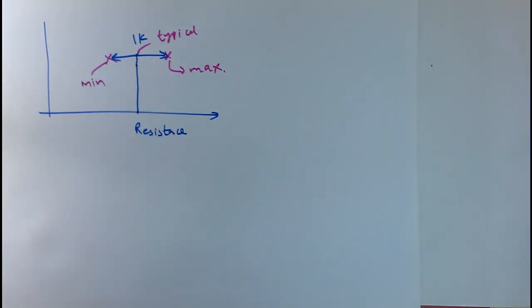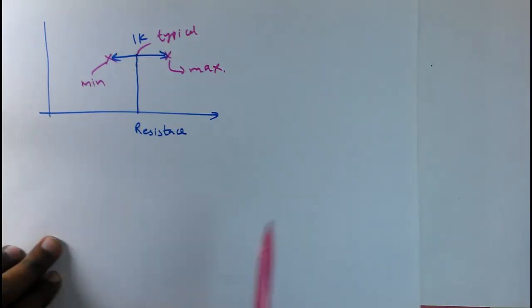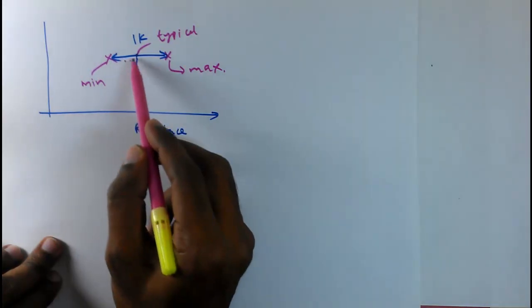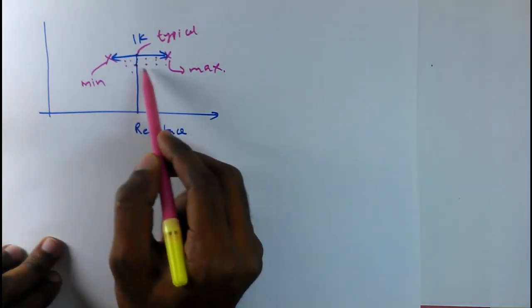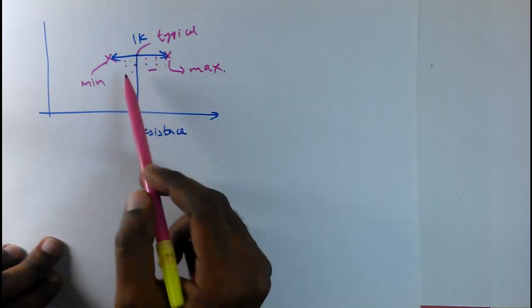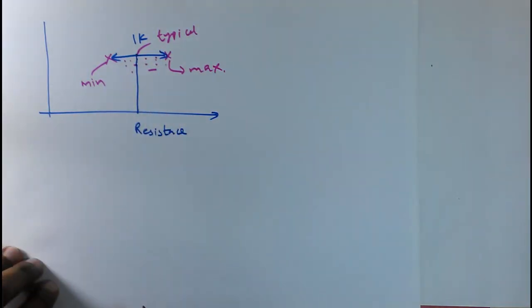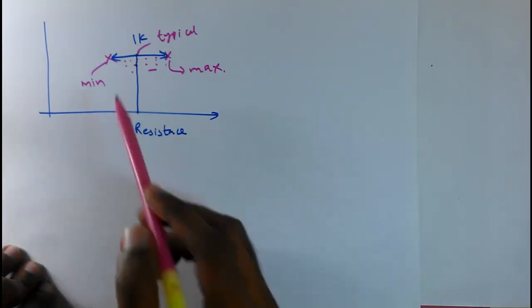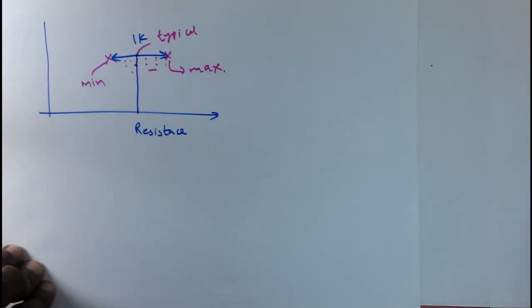So for a resistor, when you make a resistor with a typical value, the actual resistance value in the silicon will be in between any of these corners, that means from minimum to maximum. The real value will be in between. These two extreme values we call process corners.